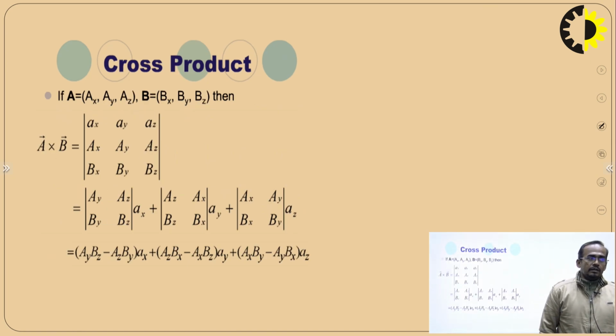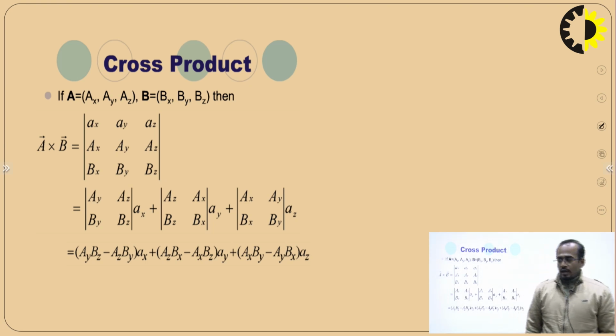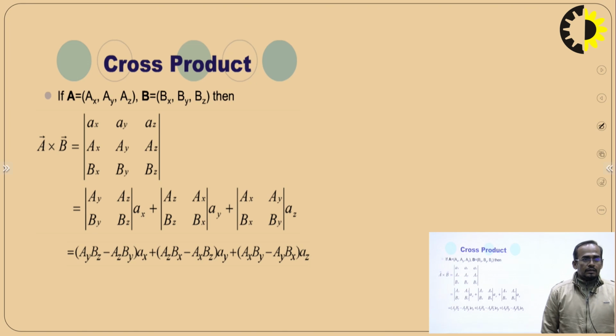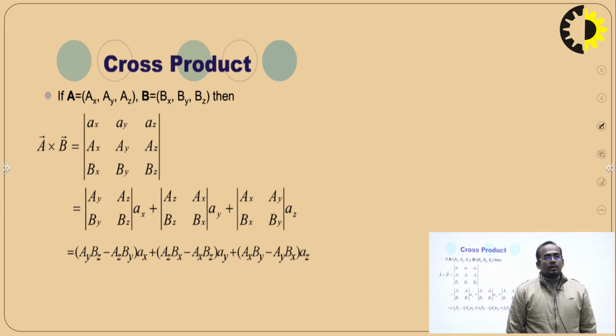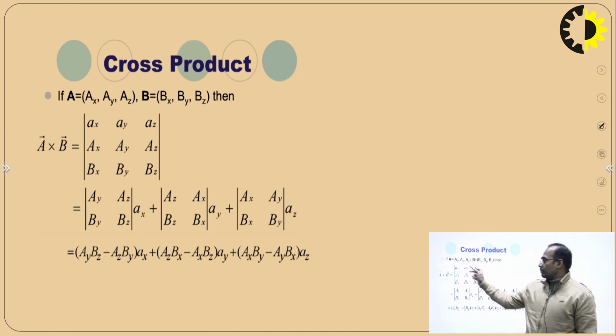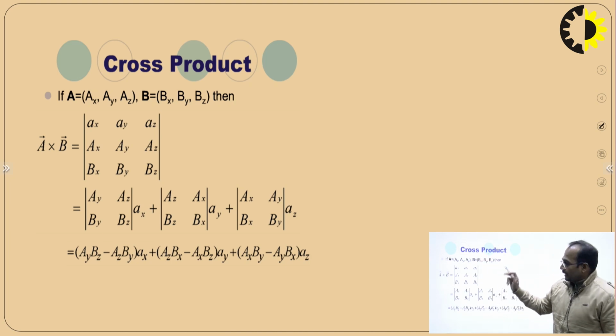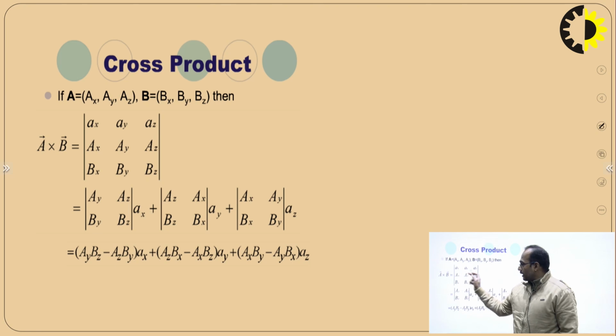Now, how will you find the cross product? Simply we have to take this matrix. Ax, Ay, Az represent the magnitudes in the direction of the unit vectors.